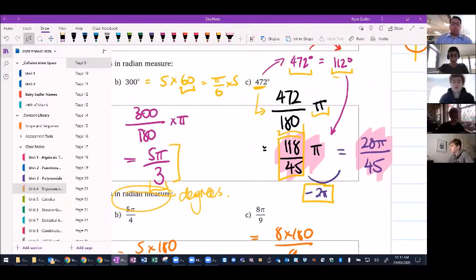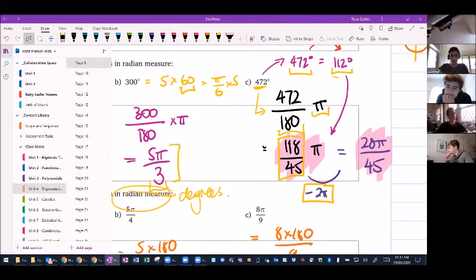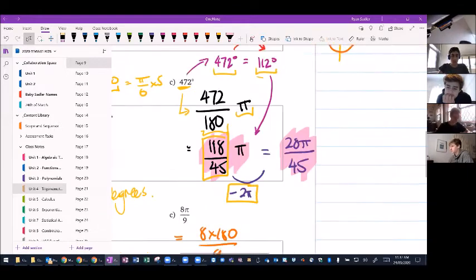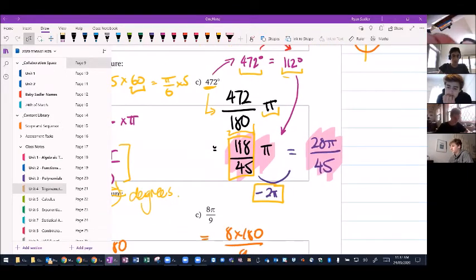So I may as well finish this question now because we've got a little bit of time. So with that 472, let's go hook the pen up again.